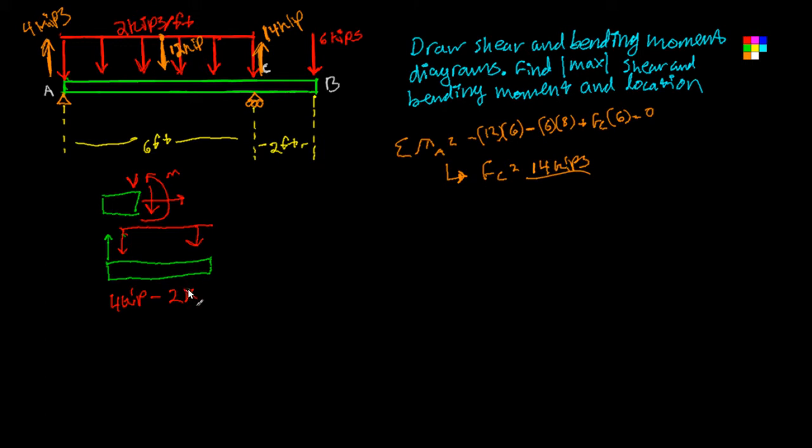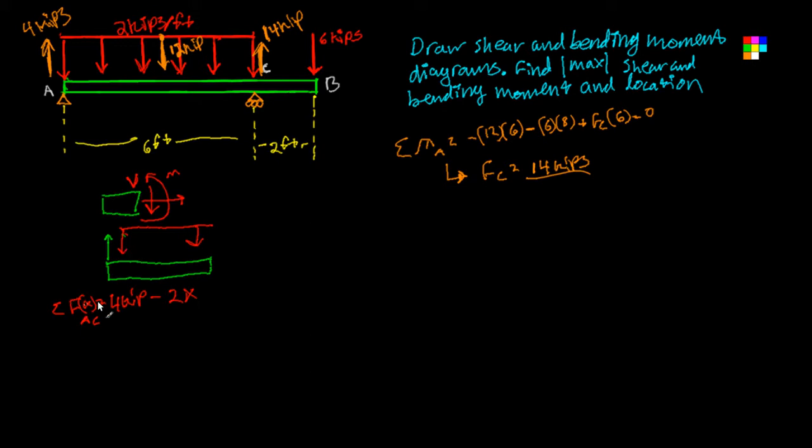And if we were to switch this convention around, since the negative V is positive, okay, so this is what the forces are. That's F of x from A to C.